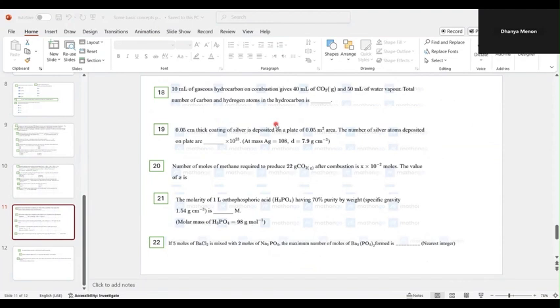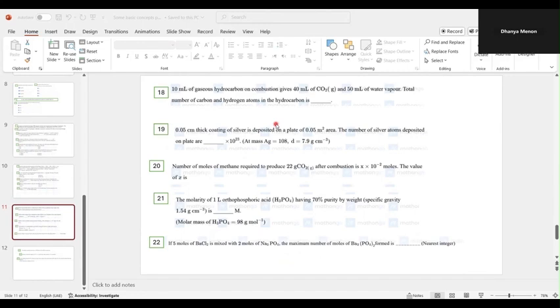You will learn later that a hydrocarbon is a substance made up of carbon and hydrogen. On combustion, meaning you're burning it with oxygen, whenever a hydrocarbon undergoes combustion, it gives you carbon dioxide and water.